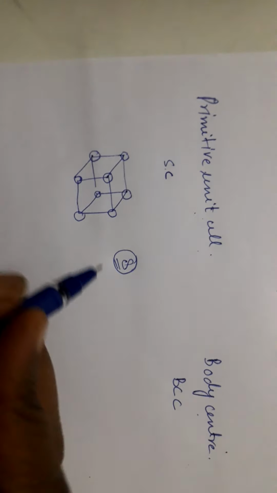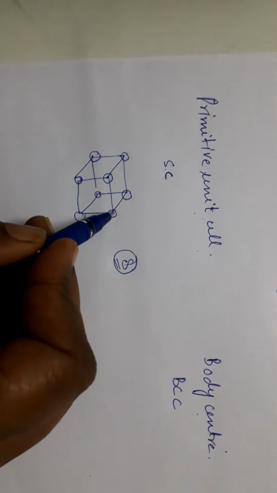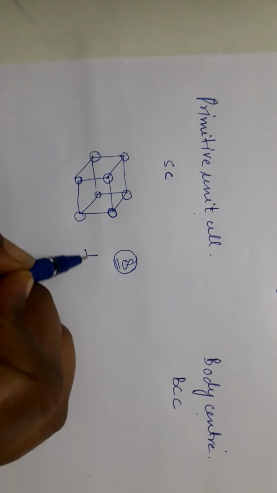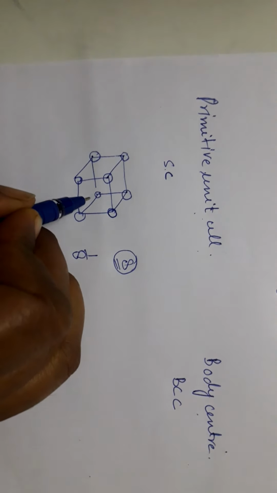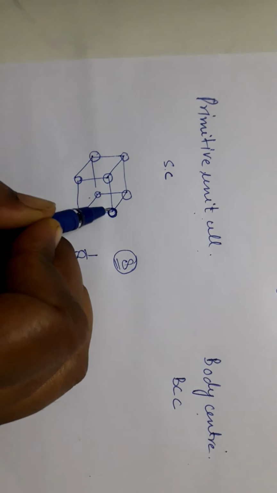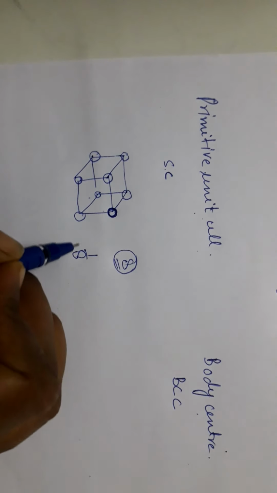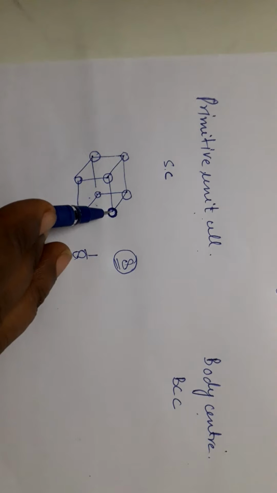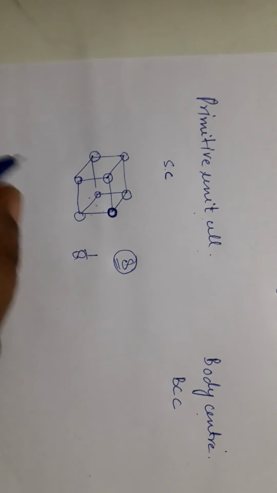But that is wrong. The atom present at the corner has only 1/8 contribution to this unit cell, because the atom, molecule, or ion is spherical in shape and this is shared by 8 unit cells.